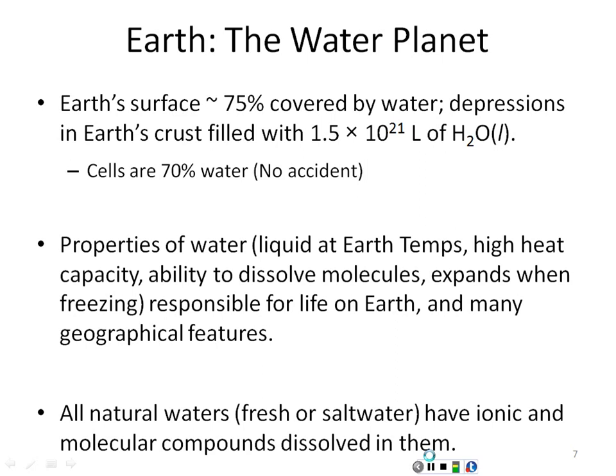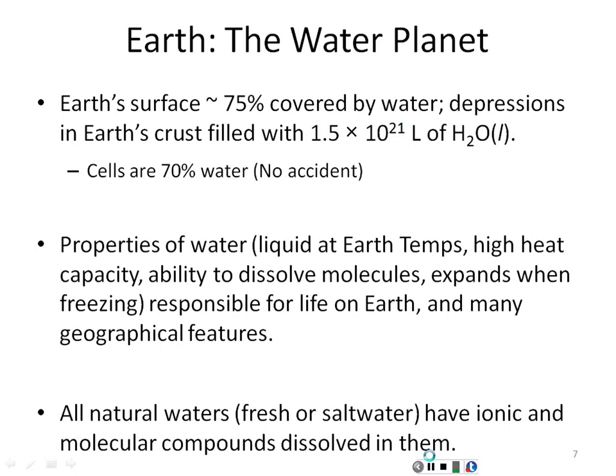And cells in our body are about 70% water. And that's no coincidence that the cells in our body and the Earth's surface are roughly the same percentage of water. Life arose on the surface of the Earth, so it really used all the elements that were available to it.